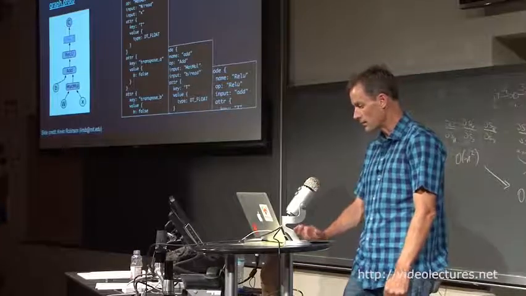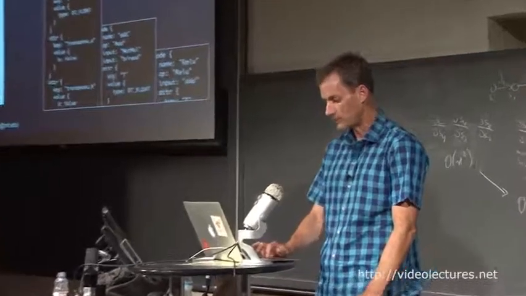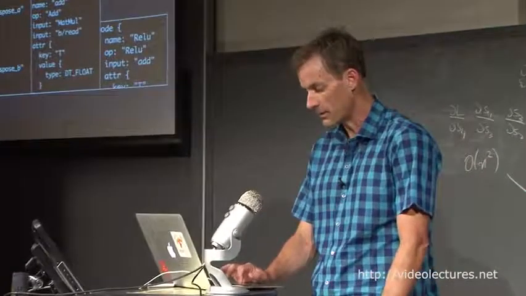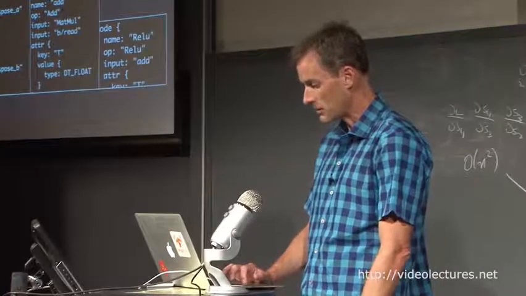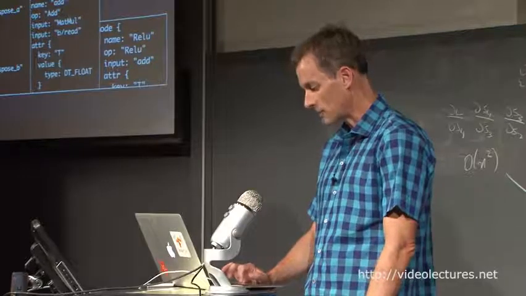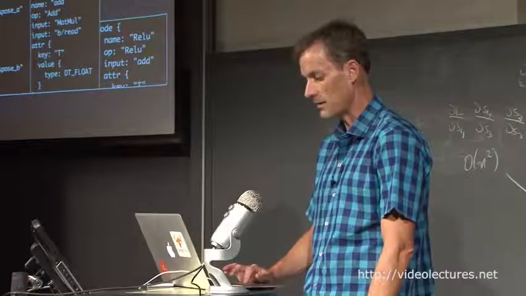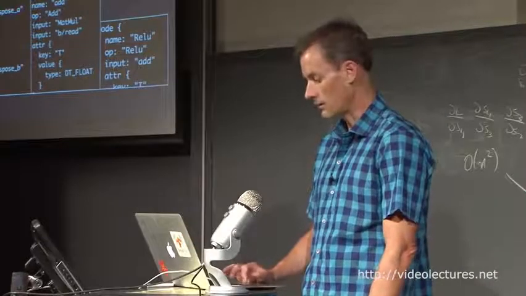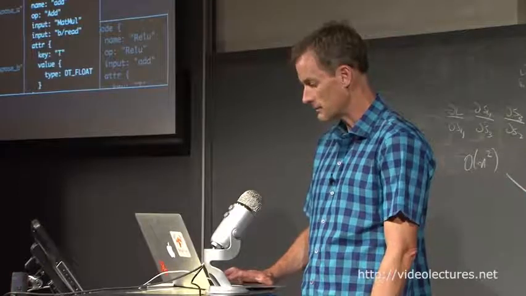And so here we say, please give me the graph as GraphDef, which is a protocol buffer. And so here's a node with a matrix multiply operation where we're having W and X, and they're not transposed. And then there's an add operation and a ReLU. And so that's kind of the representation of those three graph nodes in the graph. There's that one, there's that one, there's that one.